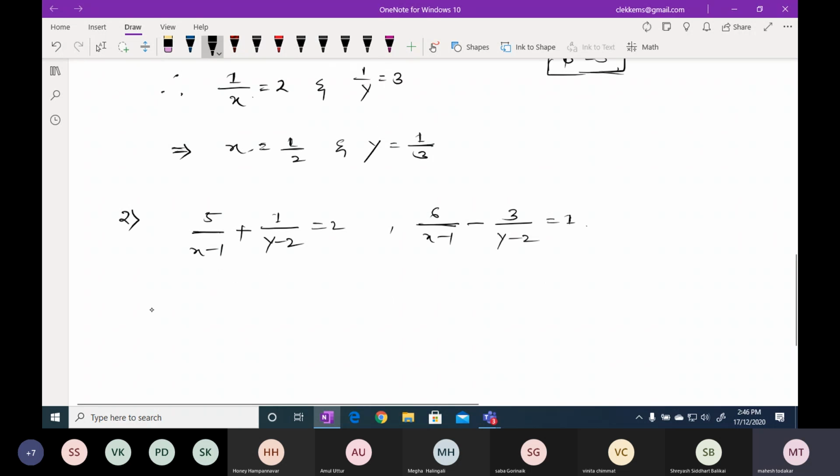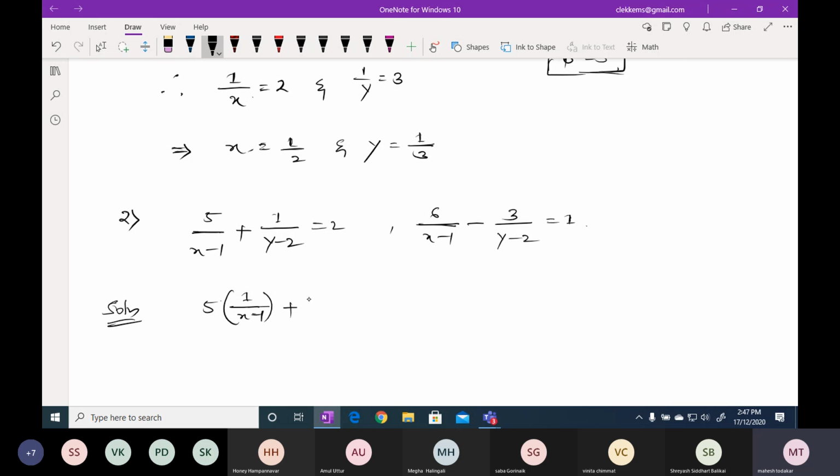Now you know it very well what to do. Solution. So take 5 outside, keep the bracket here, 1 divided by x minus 1.